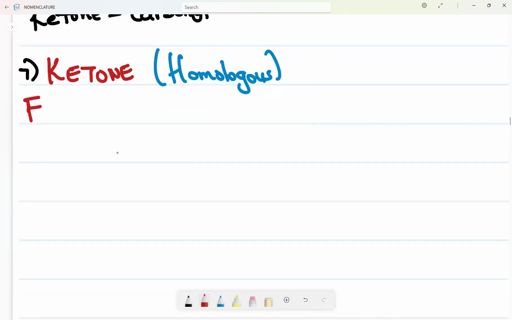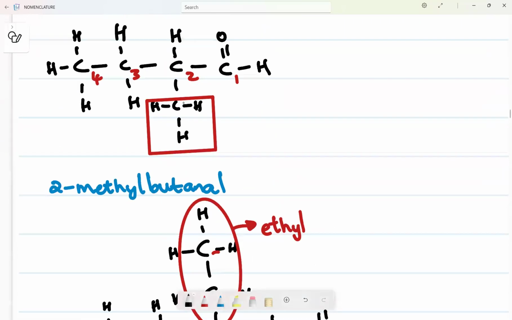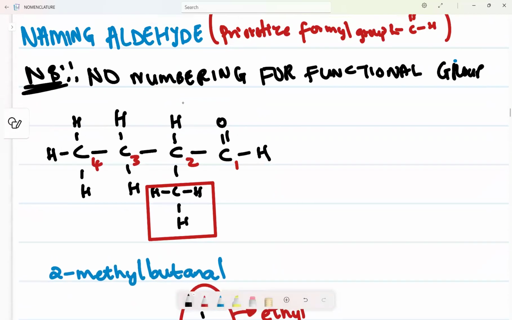Let's look at the functional group of ketone. What makes ketone special? From alcohol, we know what makes alcohol special. It is OH. What makes aldehyde special is that the functional group is always on carbon number 1. But on this one, what makes it special is the functional group, which is double bond O. Here also we had a functional group, which is double bond O. Do you see that?